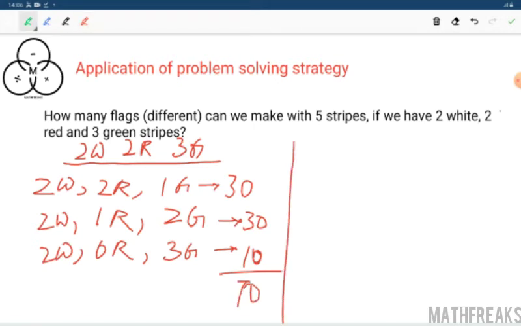Then the case with 1 white. 1 white, 2 red, 2 green.